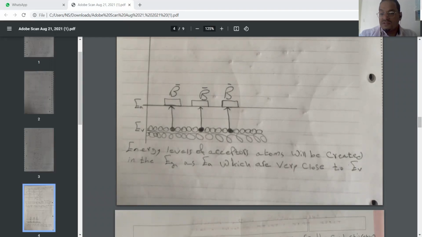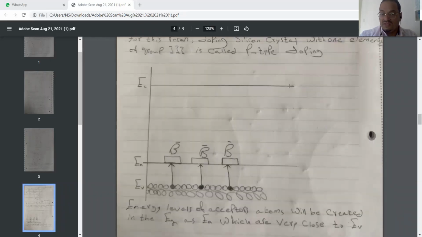Energy levels of acceptor atoms will be created in the energy band gap, in the middle between these two lines, EV and EC, down to the last point at EV. All this space means the energy band gap. That means the semiconductor will be insulating until the applied energy is equal to the energy band gap or more.